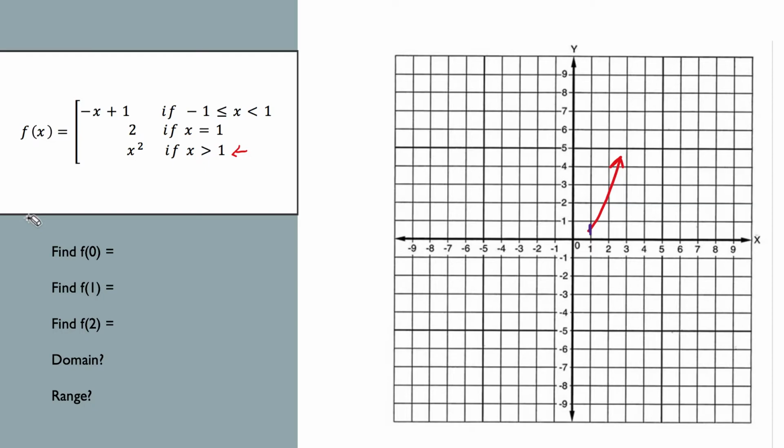Now the other thing that I'm going to do here is look at what happens at that 1 point. So if x is equal to 1, then when I plug it into my function, I also get a 1.